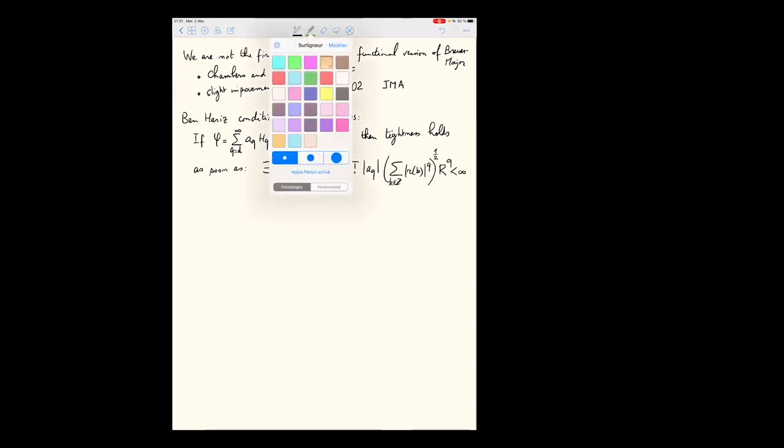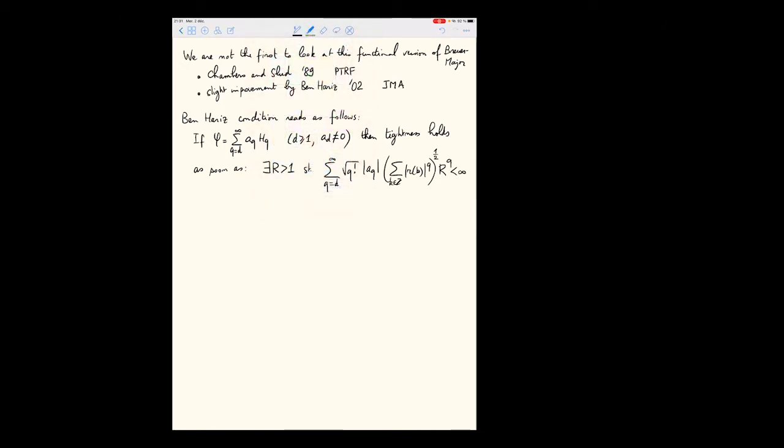Okay, so this is what Ben Harris found to ensure that tightness.